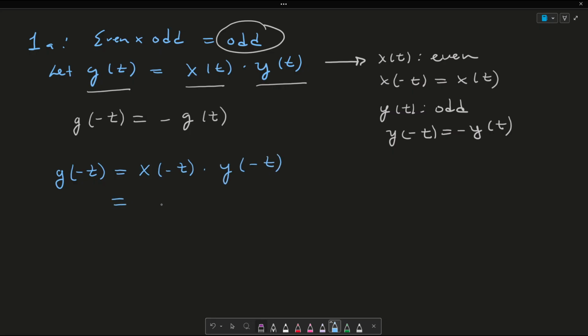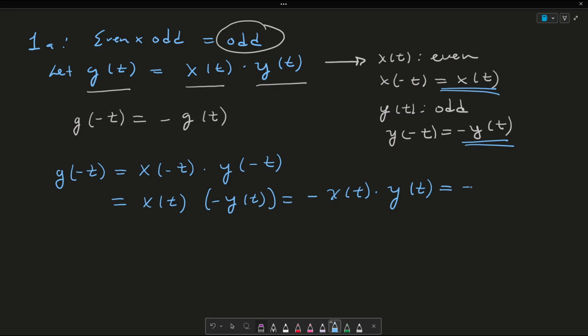But we know that x of minus t, since it's an even function, is just x of t. And we know that y of minus t, since it's an odd function, is minus y of t. So then we get minus x of t times y of t, which is equal to minus g of t, right?